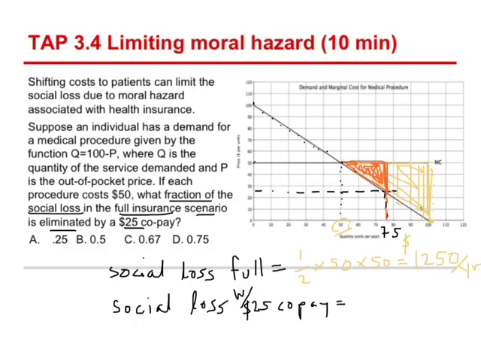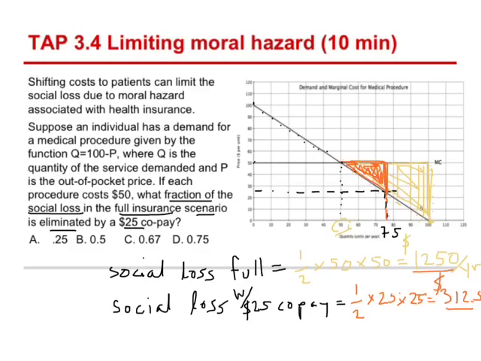That's a triangle with a base of 25 and a height of 25. So 1/2 times 25 times 25 is 625 divided by 2, which is 312.50. It turns out that 312.50 is exactly 1/4 of 1,250.